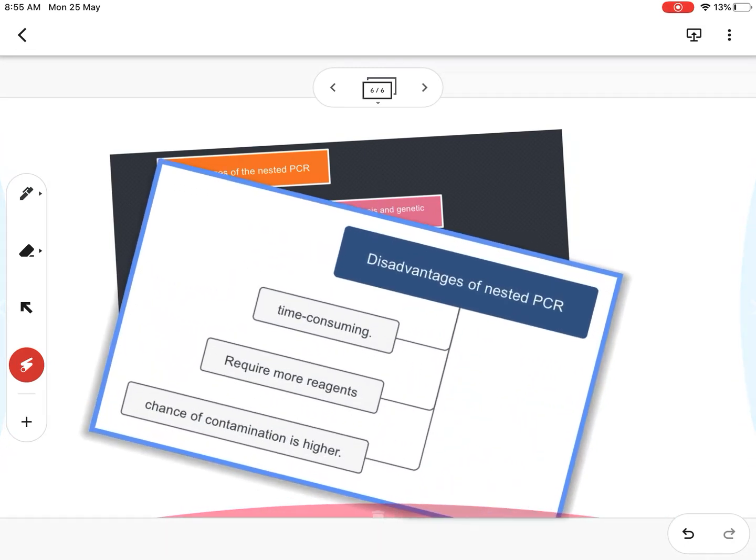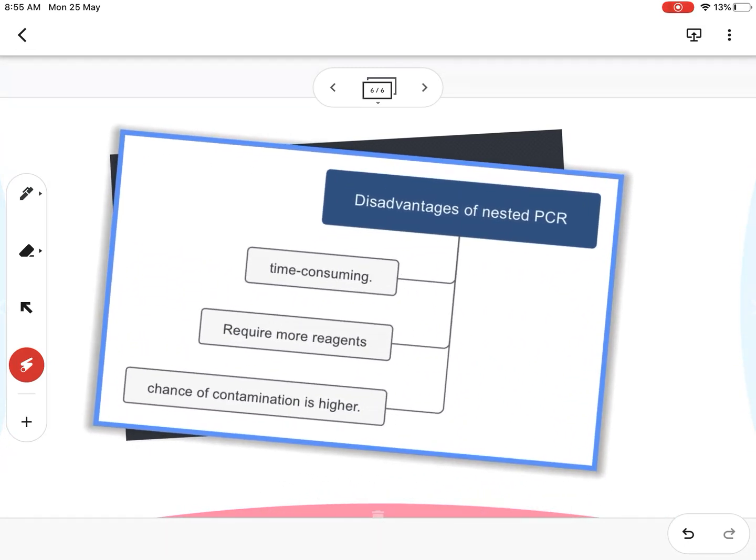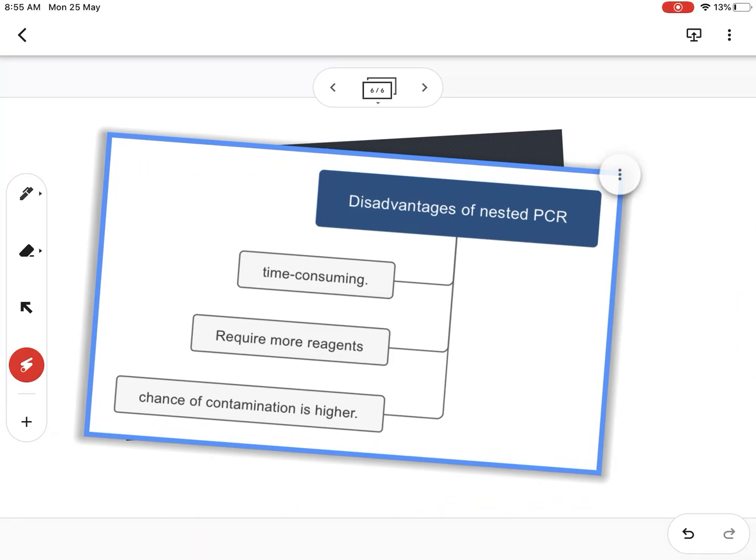Along with these advantages, there are certain important disadvantages that make nested PCR less preferable. The very first disadvantage is that it is time consuming because you have to run 2 cycles of PCR. It requires more reagent since we are using 2 cycles, so extra primers and extra reagents are required.